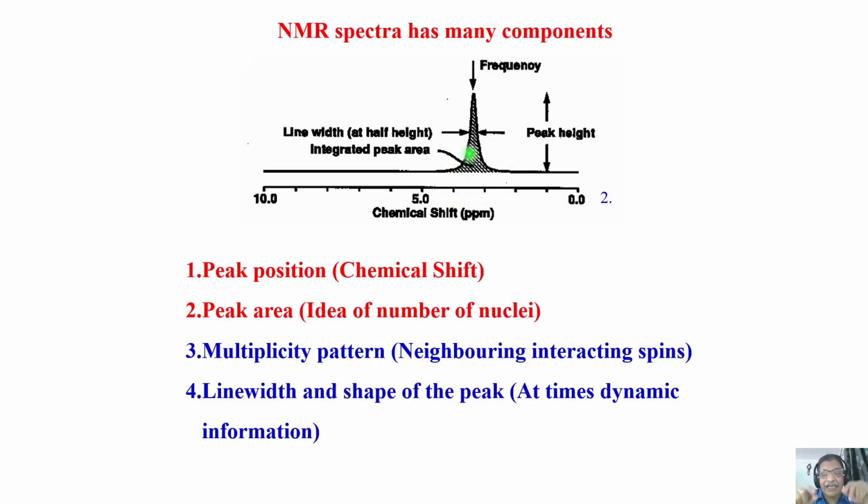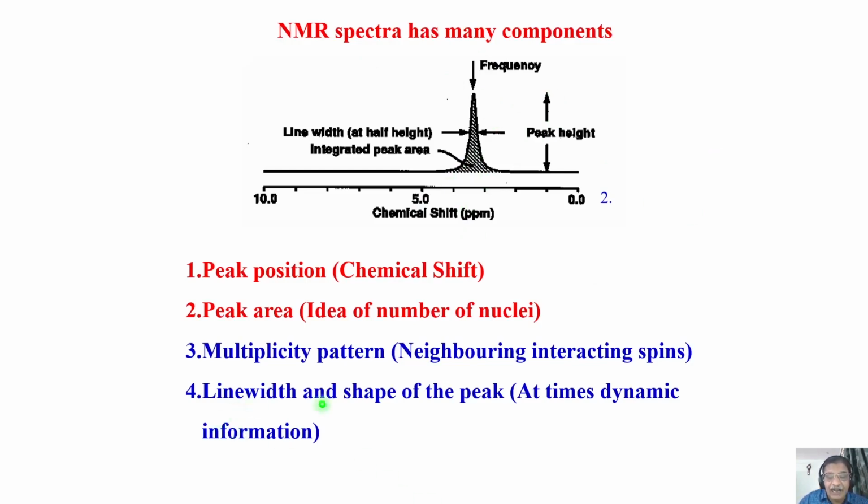If it starts interacting, then this peak starts giving rise to multiplicity. It starts undergoing splitting and we get a multiplicity pattern. The multiplicity pattern can be of various types. It could be 2 lines of equal intensity, or 3 lines of equal intensity. It could be 3 lines of different intensity, like 1:2:1. Varieties of things happen. So that multiplicity pattern tells me what the neighboring interacting spins are, and how the peak is split because of them.